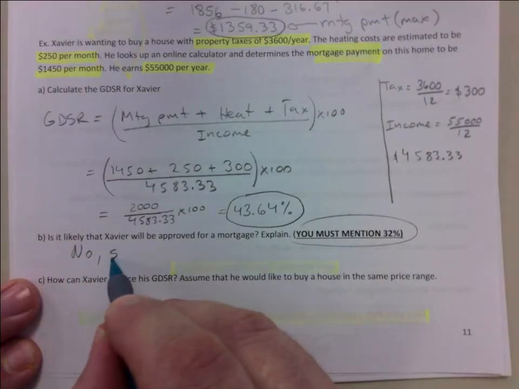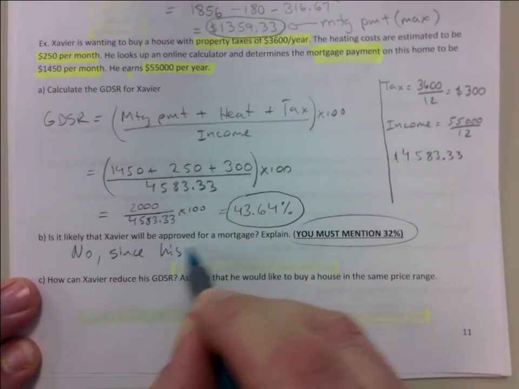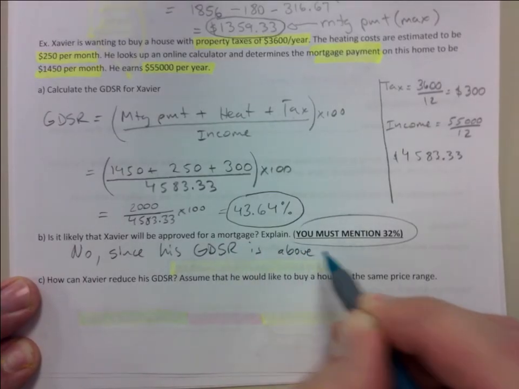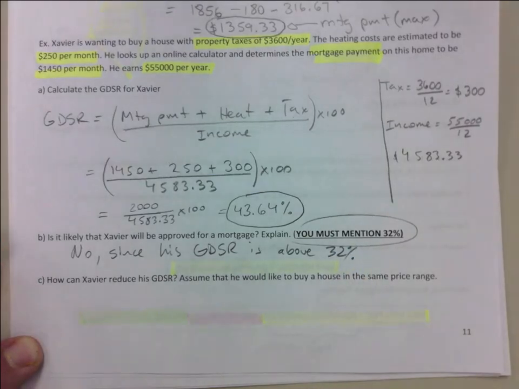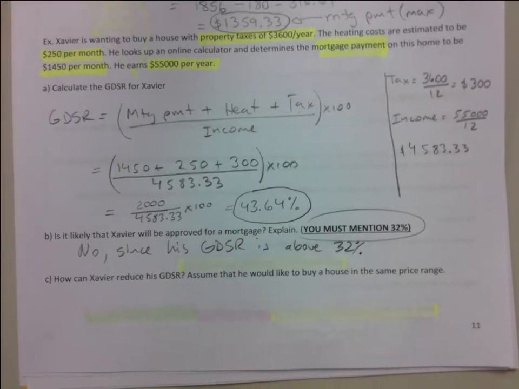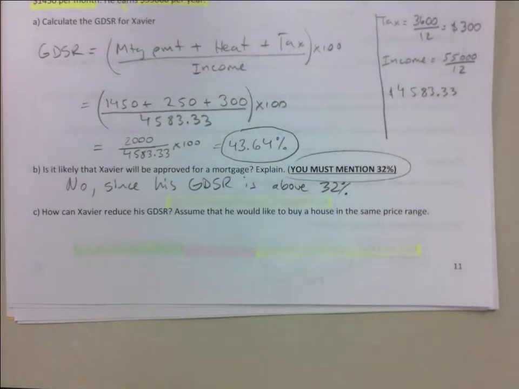No, since his GDSR is above 32%. That's all you have to say. So he's not going to get approved. No deal. It's not going to work.